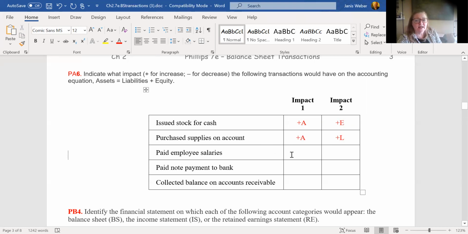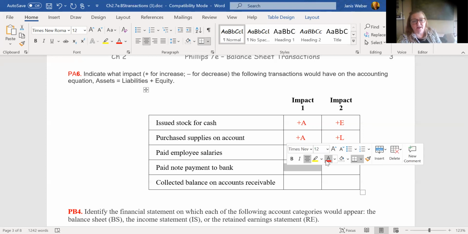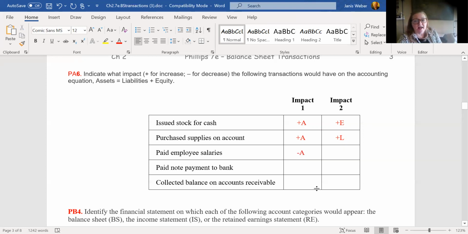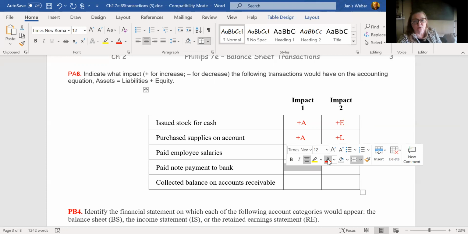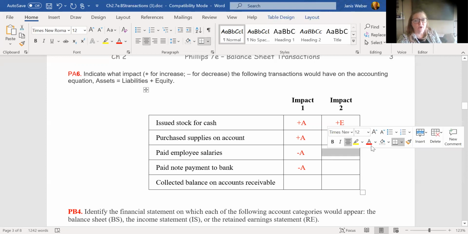Then we paid employee salaries. You paid somebody, that means your cash went down. Again, this one, we paid somebody, paid the note payment. Assets went down every time you see the word paid. So if we paid employee salaries, that means we had an expense. So equity went down.